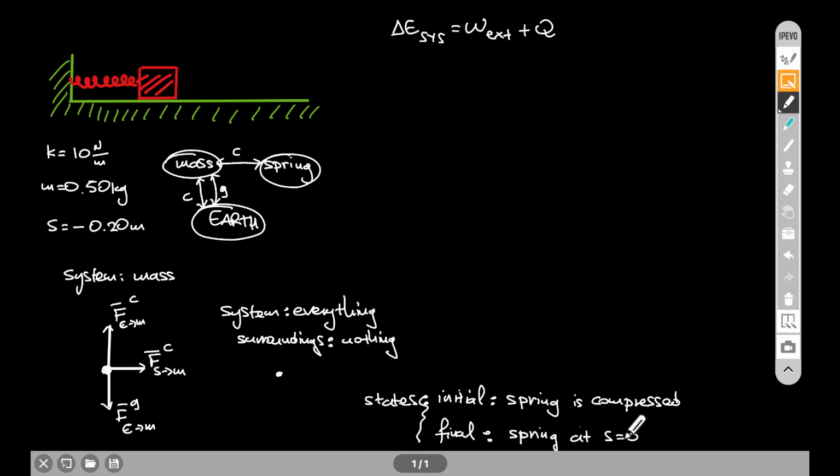S equals 0 indicates that the spring has its equilibrium length. It's neither stretched nor compressed. That's the most abbreviated way I can think of to write neither stretched nor compressed.